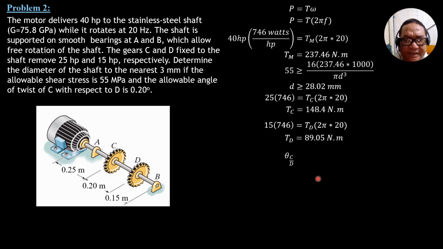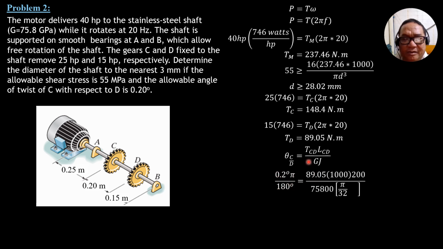So the allowable angle of twist at C with respect to D, C relative to D, theta CD equals torque length over GJ. So it's the torque in portion CD, which is equal to 0.2 times pi over 180 degrees to convert it to radians, times 89.05. That's the torque CD.